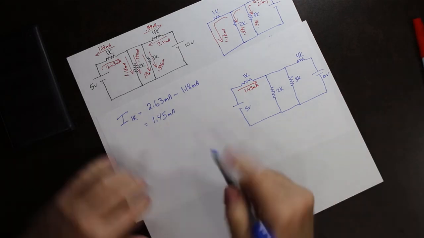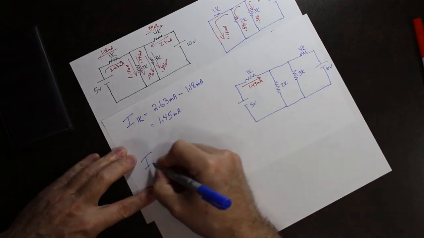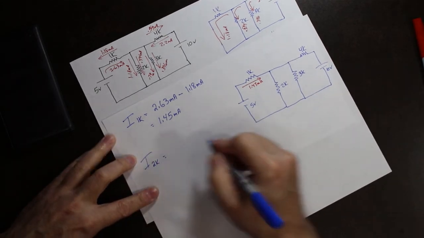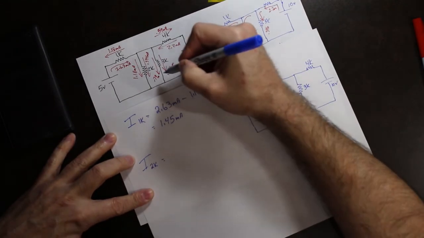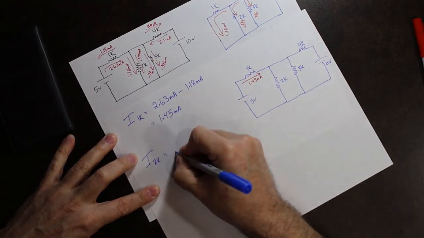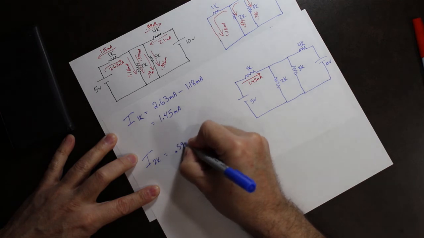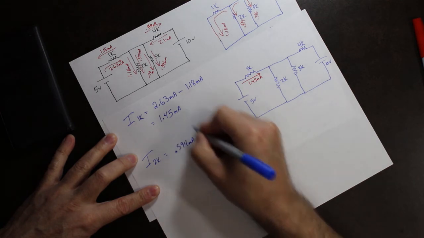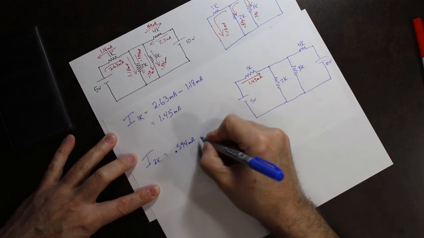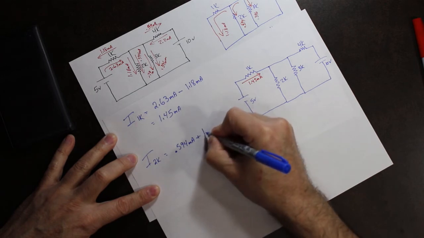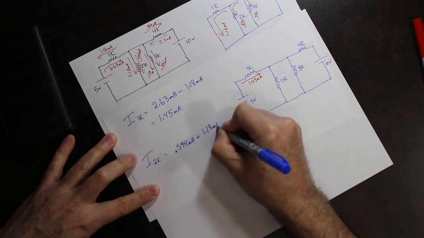Let's do the 2K. So the current through the 2K is equal to, what do we got? 0.594 milliamps. And because the other current is going through in the same direction, plus 1.18 milliamps.